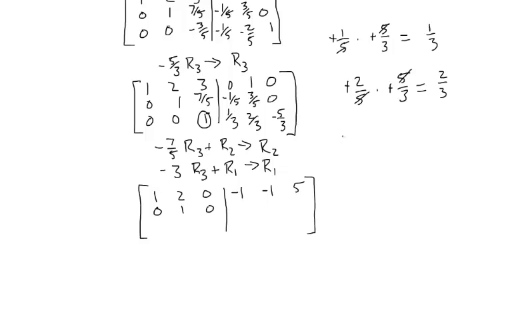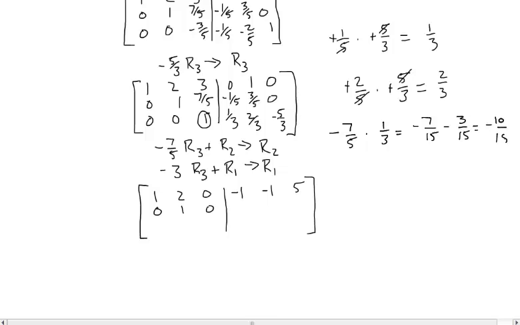And now I have negative 7/5 times 1/3 is equal to negative 7 over 15 plus negative 1 over 5, which I can rewrite as minus 3 over 15. So I get negative 10/15. Or I can write that as negative 2/3.